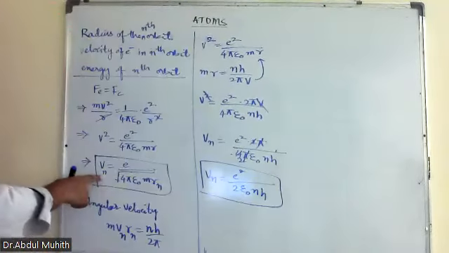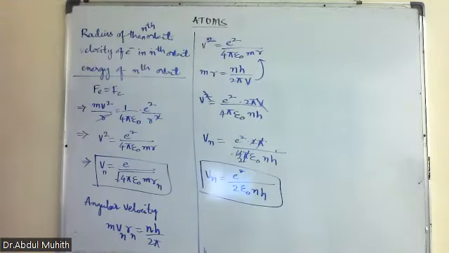The first was the formula for velocity in the nth orbit, and this is the second formula. Now vn is equal to e square by 2 epsilon 0 nh. These are the two different formulas to calculate the velocity of electron in the nth orbit.